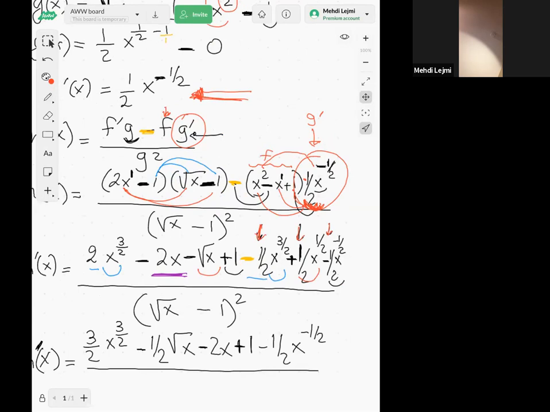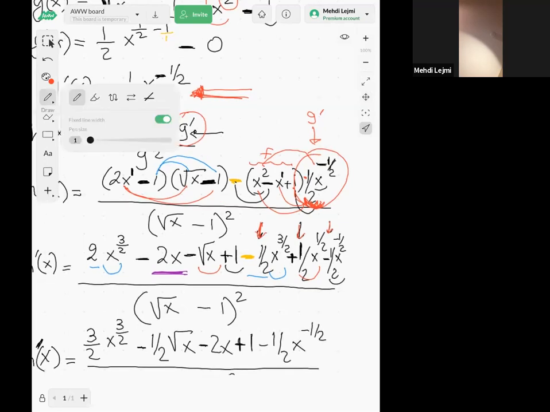When you distribute, you have to multiply each time by the half. So that's why I got this half, this one here, this one here, and this one here. But anyway, it's just from the g prime.